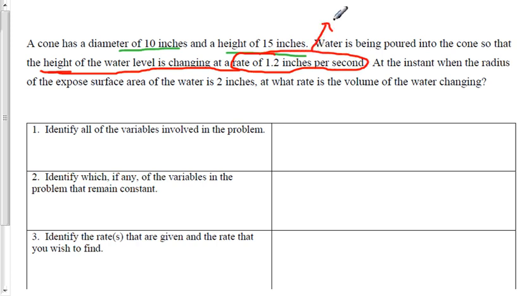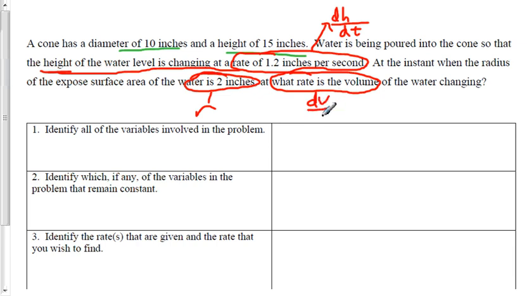So this right here is the rate at which the height is changing, dh/dt, at the instant when the radius of the water is 2 inches. So that's going to be the radius. And then what do we want to know? At what rate is the volume changing? So there's dV/dt. Okay, so let's draw a little picture here. So I have some cone.